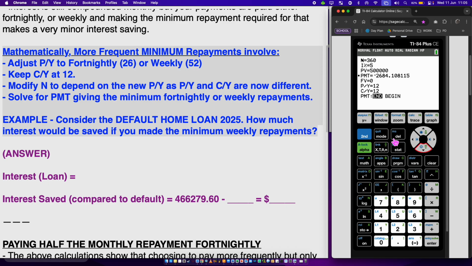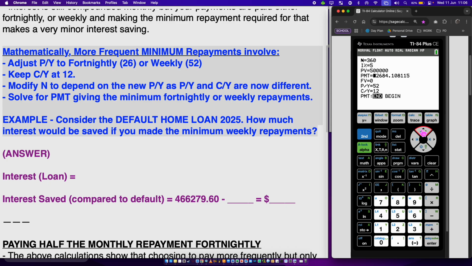Right, if I'm choosing to pay weekly, what's my PY going to be? How many payments are there in a year if I'm paying weekly, yes? 52. So be careful. I'm going to change PY to 52. And when I press enter, the calculator wants them to be the same. It automatically changed CY to 52. What I've made clear in these notes here is you don't get a choice in that. Change CY back to 12.